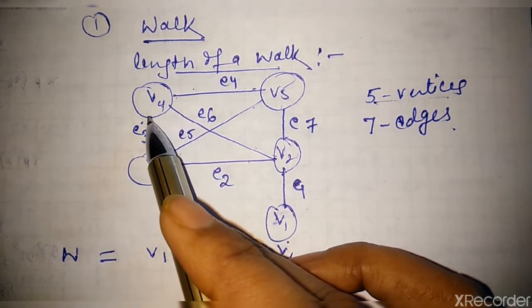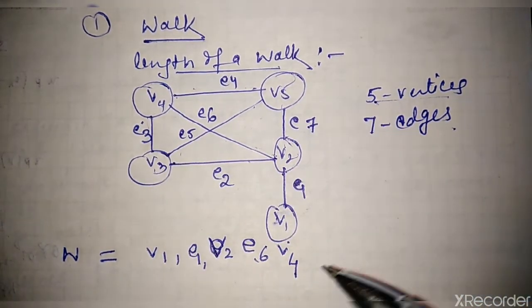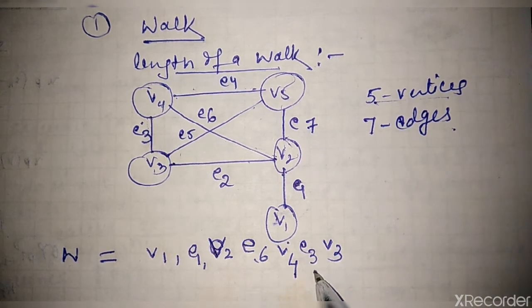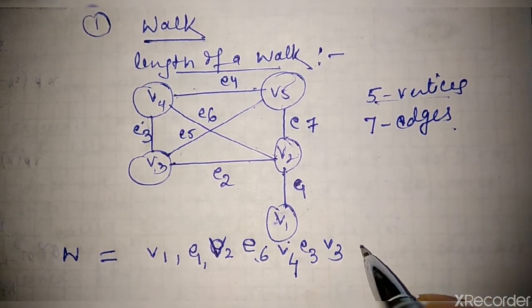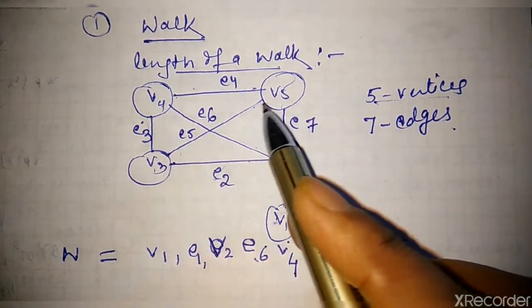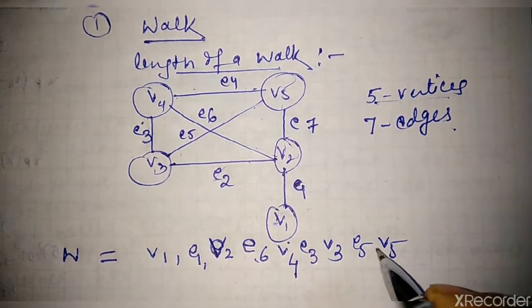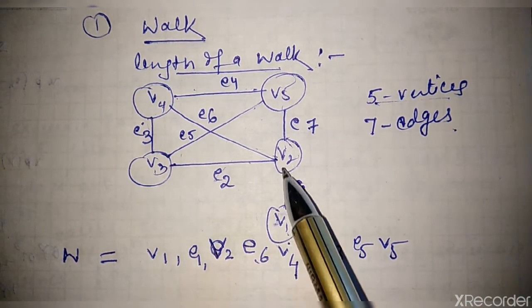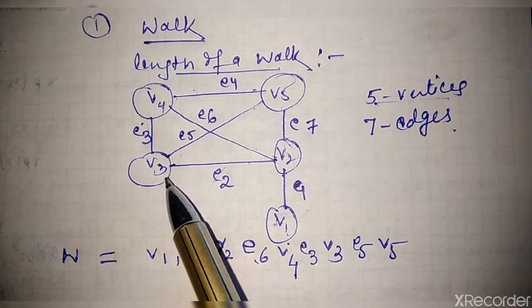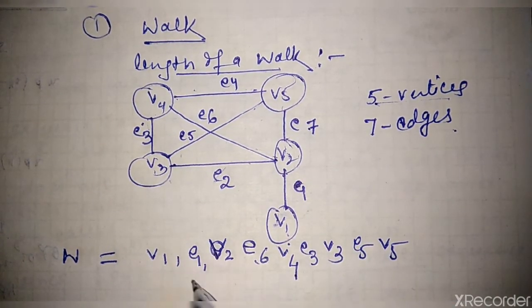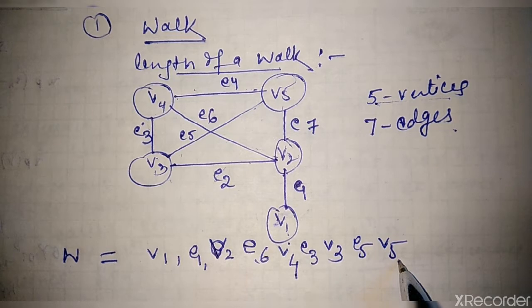Okay. Then we want to come to V3, so let us come with E3. Then we will go to V5, so we reach it by E5. So here the walk is taken as V1, V2, V4, V3 and then V5. So here is a walk, and we define it like this.